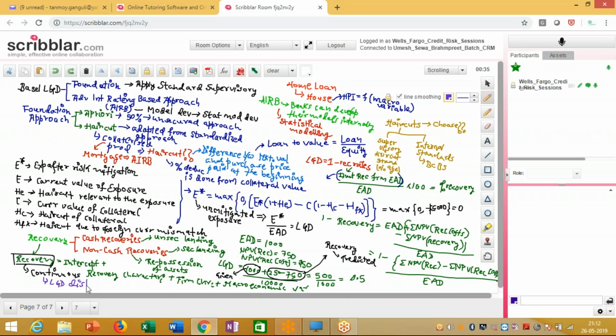So you need to find different ways of working around it. This is the part that we will talk about next: the typical LGD distributions, how the LGD distribution looks, and how you solve the problems associated with it.